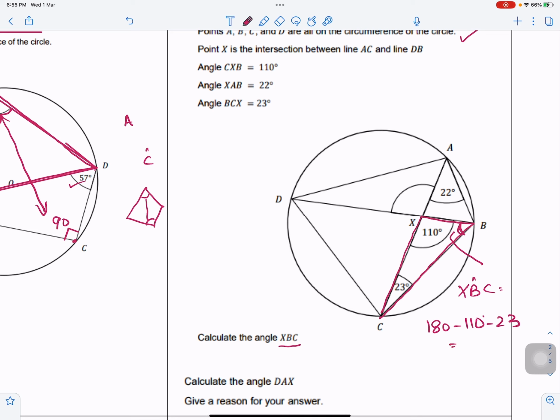So let's do it. 180 minus 110 minus 23. My answer is 47. So this angle is 47. Our target was XBC, and I have found it. This angle is 47, and if I have to give a reason, which is not asked here, I can say sum of the angles in a triangle equals 180 degrees.